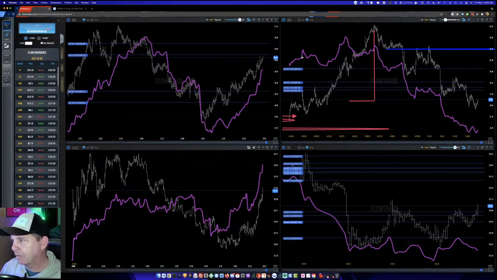It may form the W pattern, but it's got to break this downward trend line. The algo is essentially trading with price action at this point. We've got nice vertical algorithm lines. We've got some block trade levels that are going to provide resistance right at 36.73 and 36.89. That's these block trade levels here.